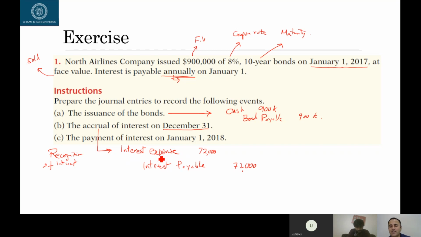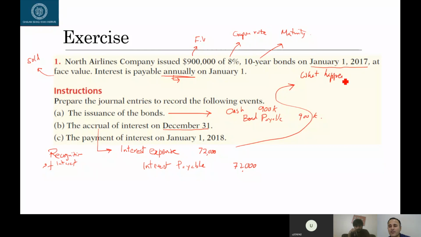Okay. And as I said, what happens if I do not recognize it? So of course, then you can't pay it, sir. Of course, you cannot pay it, but even if we can pay it, what happens?